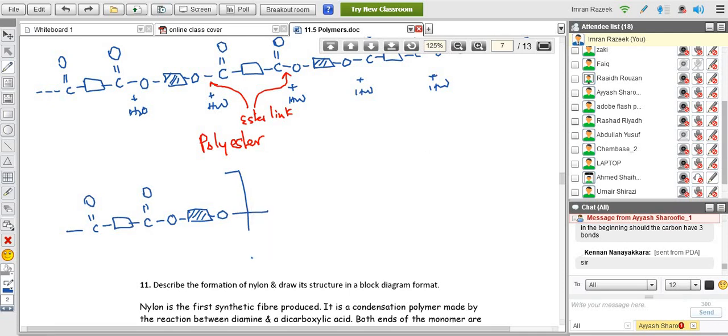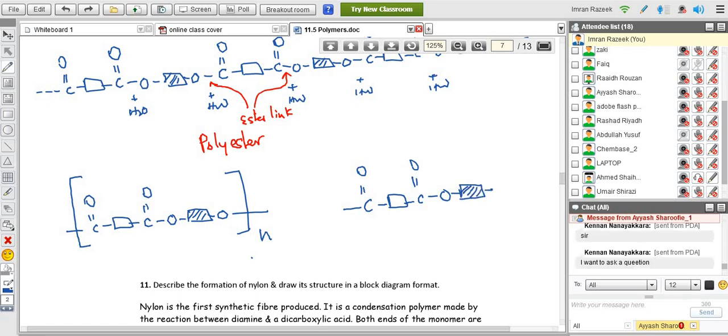One of each monomer together is one repeating unit. So this is the repeating unit, and I put N here to get the short form of the above polymer structure. If I'm to draw only the repeating unit, then it should be only the dicarboxylic acid and the diol just once. Just forward all your questions. I will attend to the questions once I complete the explanation, right? So this is the repeating unit.